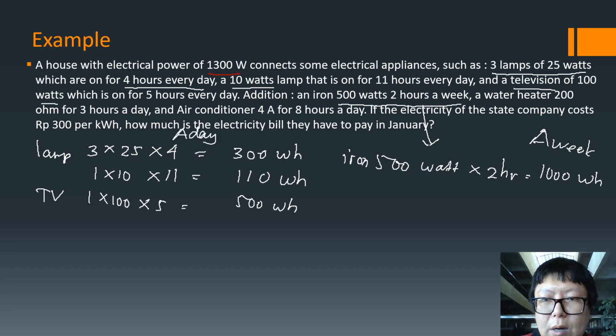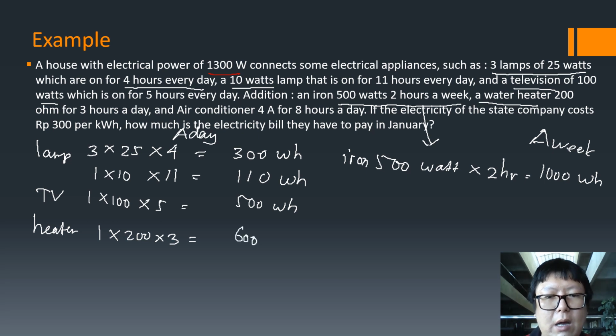Okay, a water heater. Heater, 200 times 3 hours a day, you get 600 watt hour. And then the air conditioner, AC, is 4 times... this one you have to be careful.